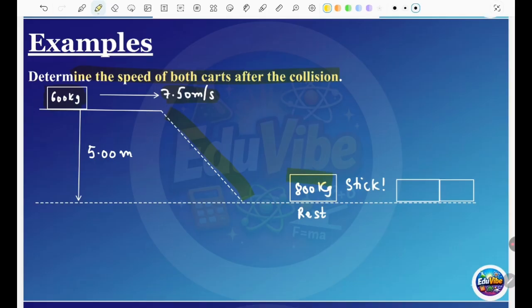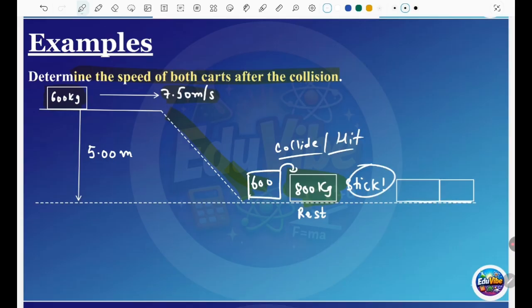The other cart is at rest. When the 600 kg one collides with or hits this, they stick together, and we want to find the velocity after the collision.